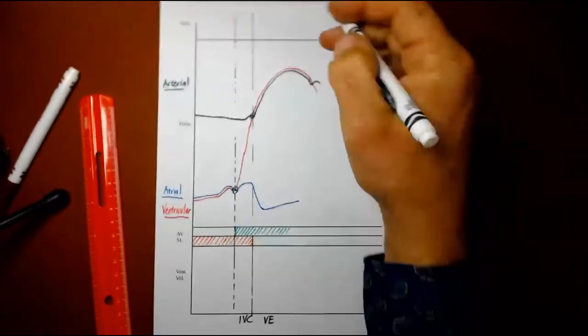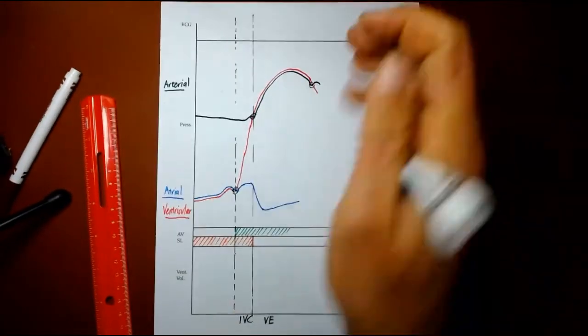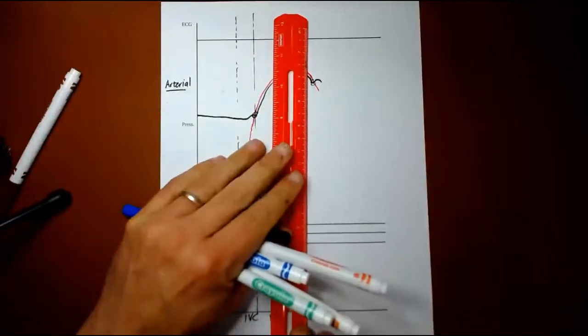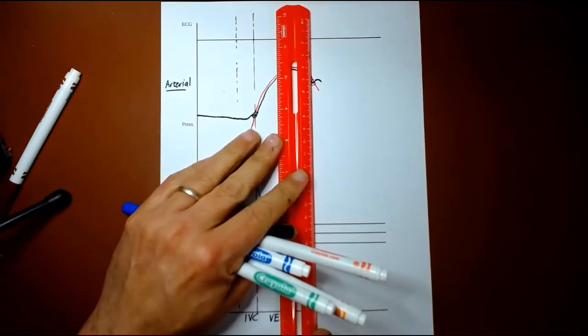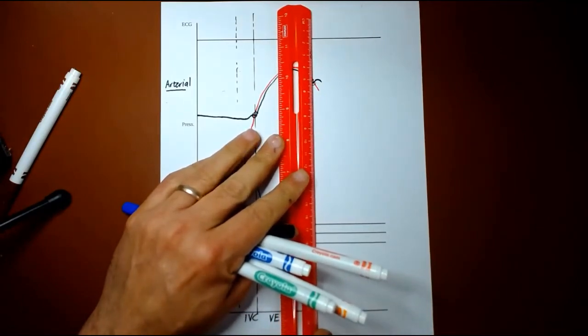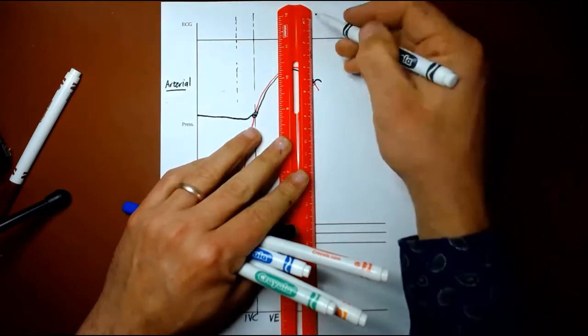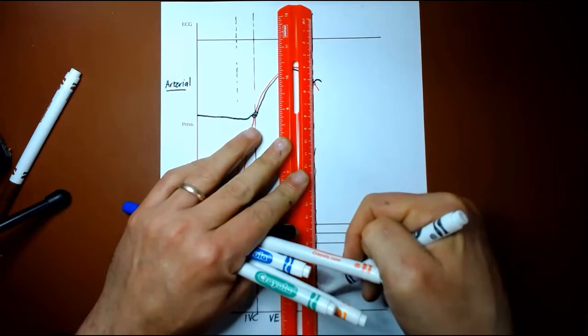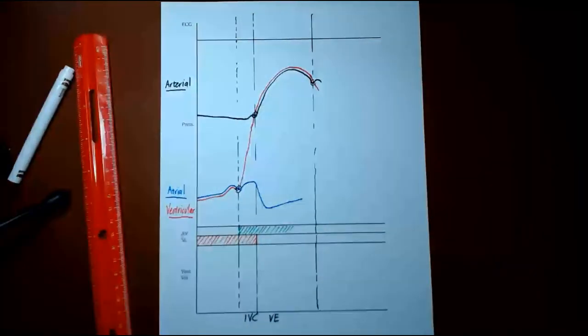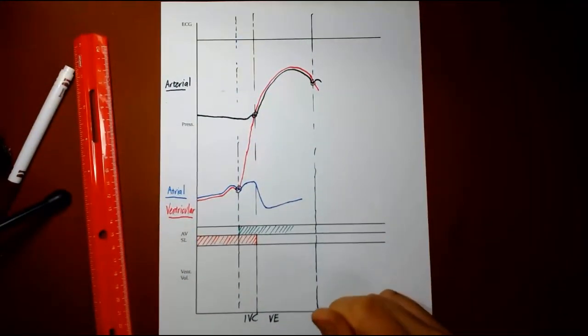When those two lines cross, that's another important moment. So we'll put in a divider here. See if I can get this to be close to vertical. That's the end of ventricular ejection and the beginning of isovolumic ventricular relaxation.